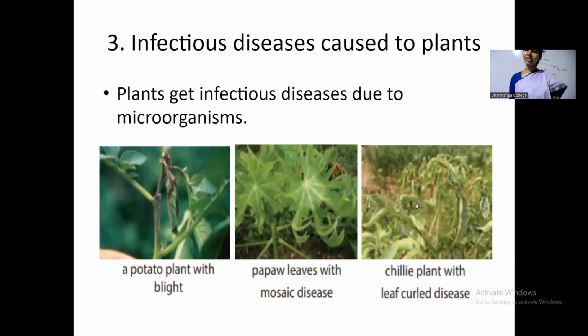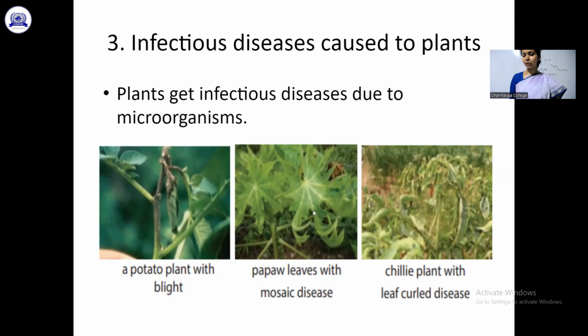Then the next one is infectious disease caused to plants. So this is potato late blight disease. There are some brown spots occurring on the potato plant. Then that whole area becomes brown or black, and the plant will die as that color spreads throughout the plant.